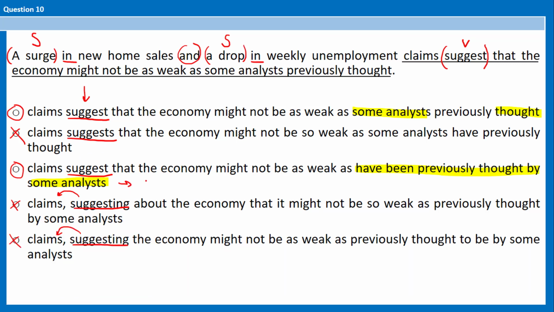Okay, it is wordy because it's called a passive construction. It's the passive voice. Okay, it is passive because the subject, analysts, is not really performing the action directly, as opposed to the first one. Analysts thought. So the analysts are doing the thinking. The first one is called the active voice.